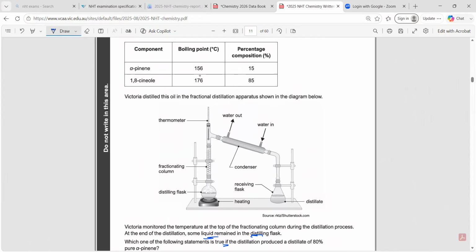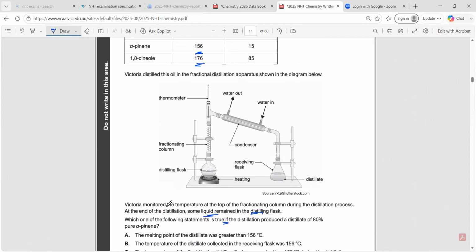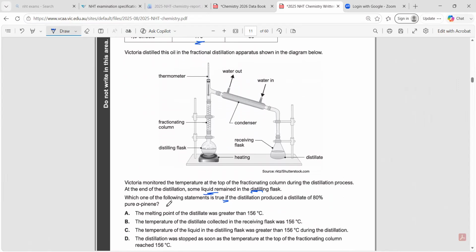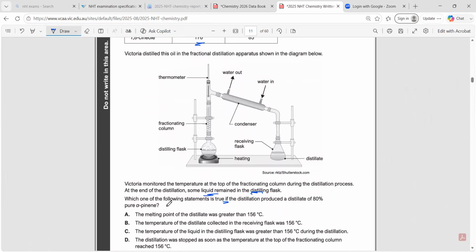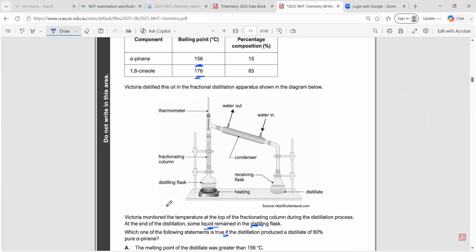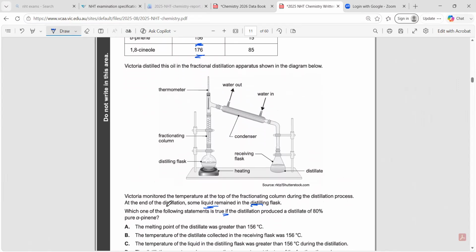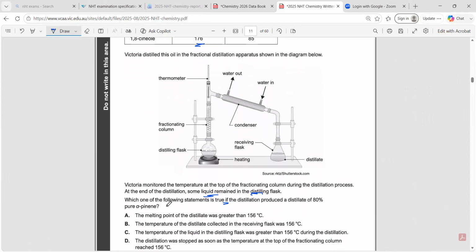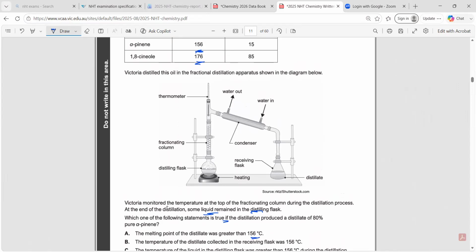Yes, so we've got 156 degrees, 176 degrees, and it's a fractional distillation process. Okay. So if we were able to produce about 80% pure a-pinene, then the melting point of the distillate was greater than 156 degrees Celsius.